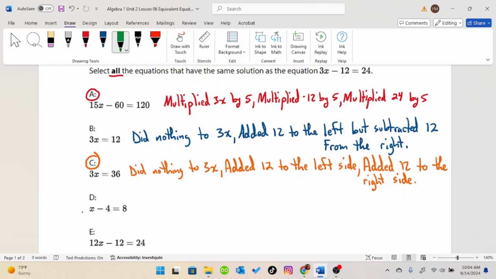Choice D. To go from 3x to x, they divided by 3. To go from negative 12 to negative 4, they divided by 3.